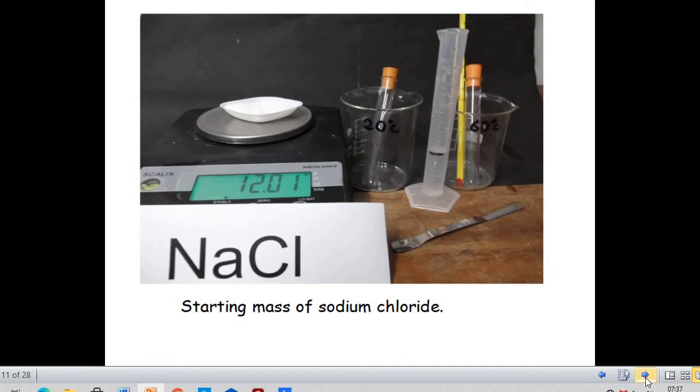So we're going to pour the 10 centimetre cubed of water into the test tube, and then we're going to add the sodium chloride, shake it 40 times after each spatula to make sure it dissolves. Once it stops dissolving, we're going to reweigh it.